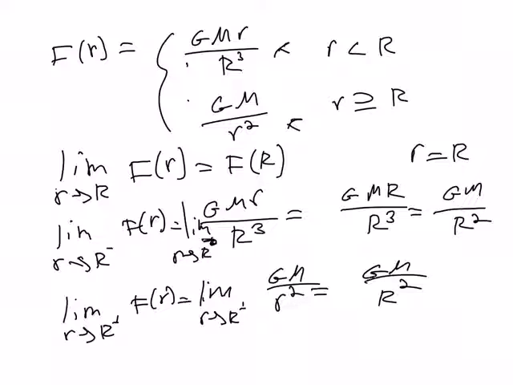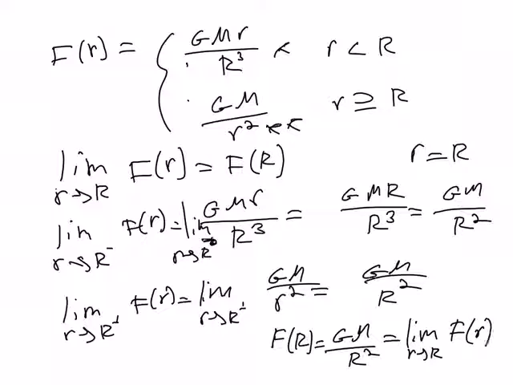So the limit exists. Now f of R, we're just going to use this one, is G m over R squared. So f of R is equal to the limit, and so this function is continuous. Very nice.